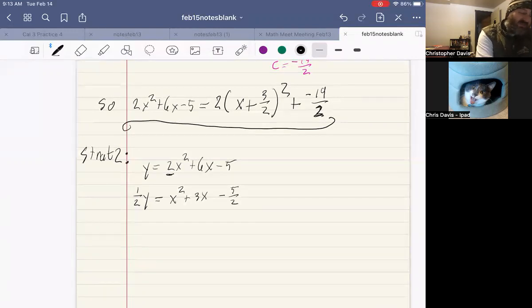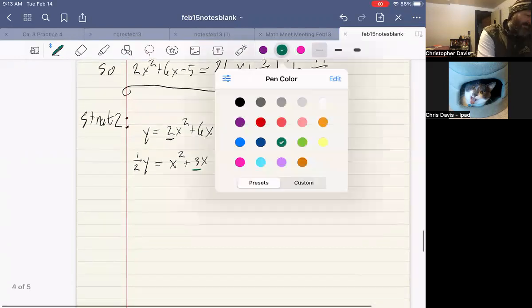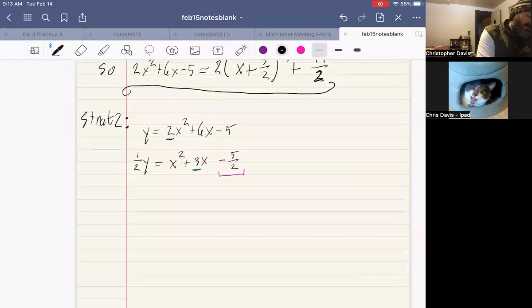And let's do a few things here. Let's move this to the other side. And let's take that 3 and write it as 2 times something. So 1/2 y plus 5/2, so there's the thing that got added to the other side, is equal to x squared.